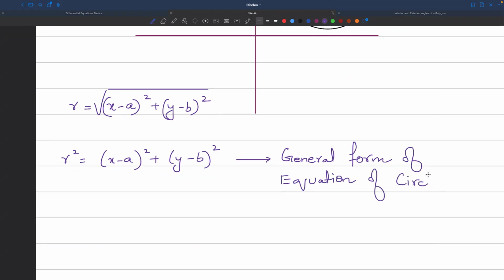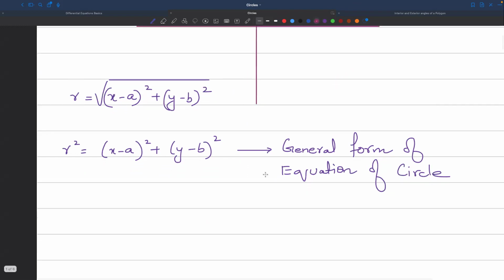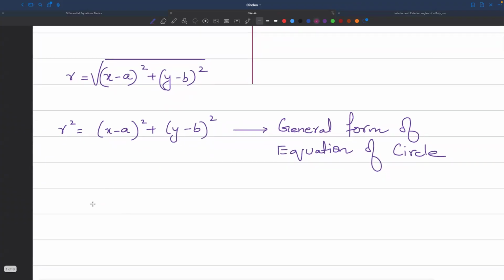However, sometimes you will have your equation in this form. Many a times it will be given in expanded form as well. So if I expand this, I will get x squared minus 2ax plus y squared minus 2by plus b squared. If I bring the r squared on this side, I will get minus r squared equals 0.